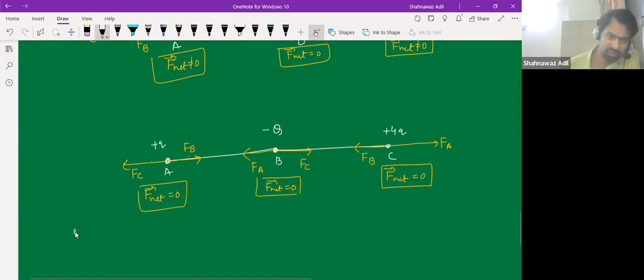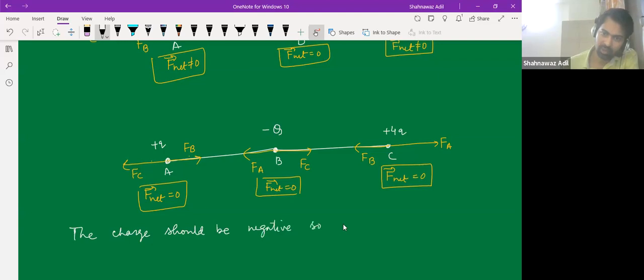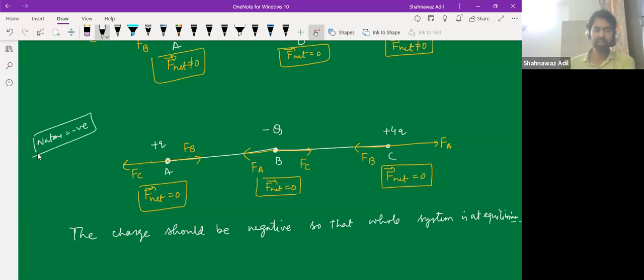It should be negative so that the whole system is at equilibrium. So the nature is negative.